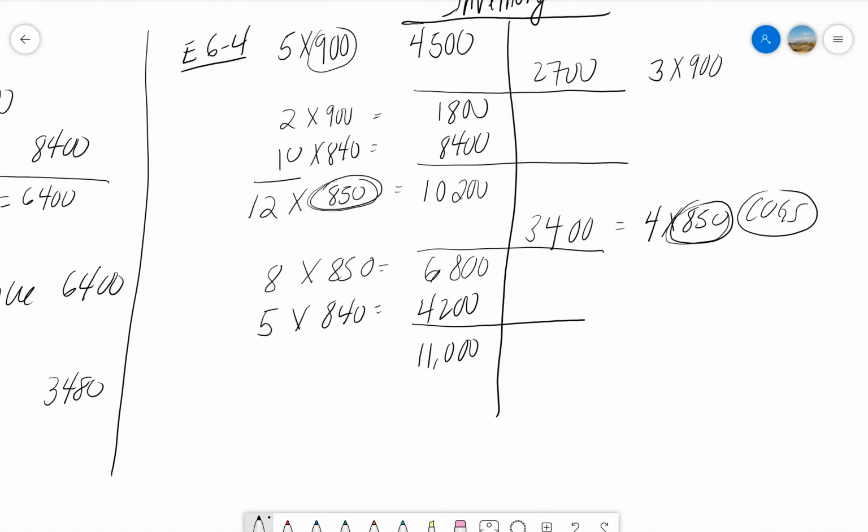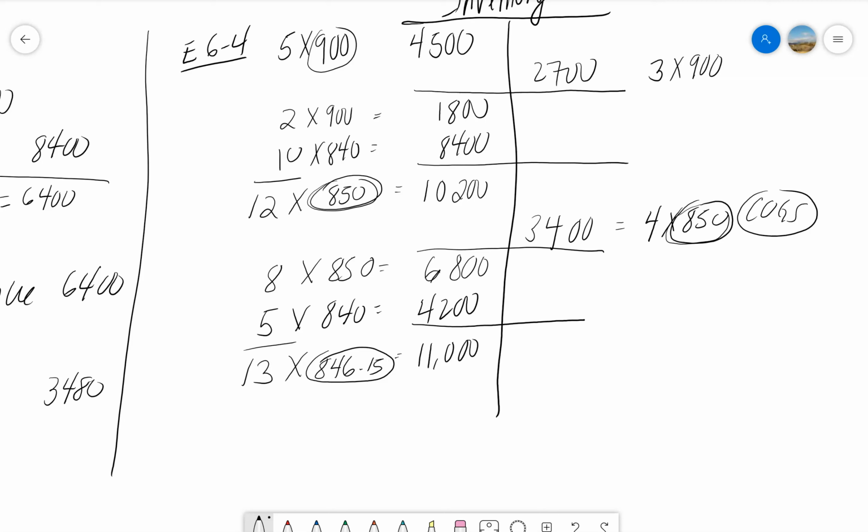Now we have to calculate a new average cost. We have 13 units. And now we got to figure out what is our new average cost. Now, if you work this out, 11,000 divided by 13, that's going to be $846.15.